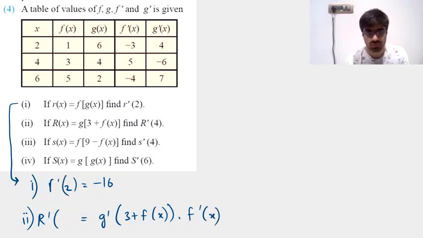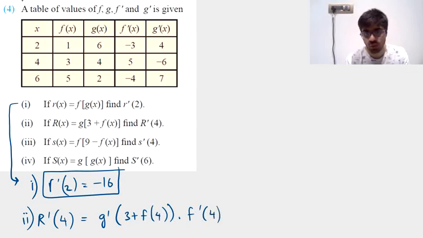So you have r dash 4 equals f4 and f dash 4. So f dash 4 is going to be 5. F of 4 will be 3. 3 plus 3 will be 6.